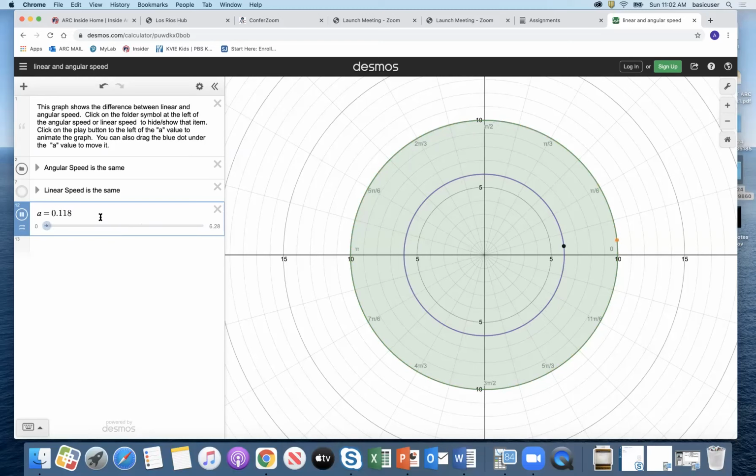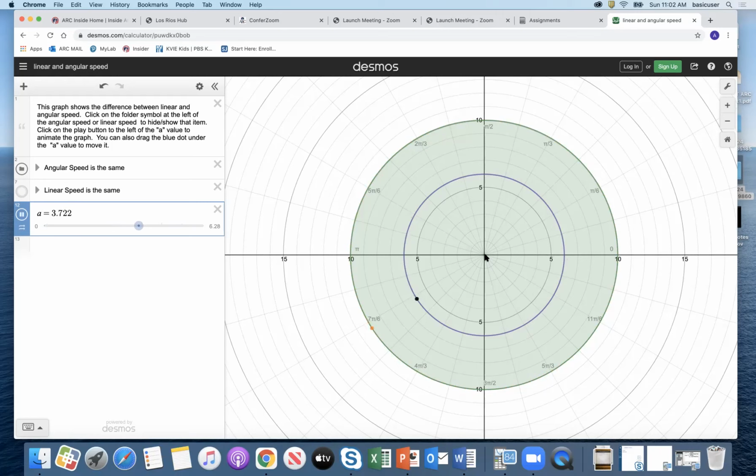The other type of motion here is what's called angular velocity, and it's the change in the angle per unit time. So how is that angle changing as time goes on? If we talk about this dot, think about that ray going to the origin and think about how that angle is changing.